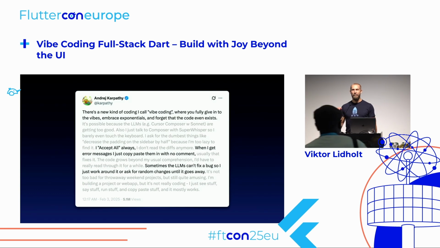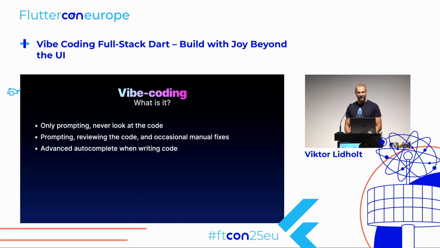So this is like the purest form of vibe coding, right? You don't even look at the code. But when people talk about vibe coding, they talk about a few different things. The first one: only prompting, never looking at the code. The second one is prompting, reviewing the code, and doing occasional manual fixes. That's a bit more what we're going to talk about today, because we're all developers, right?